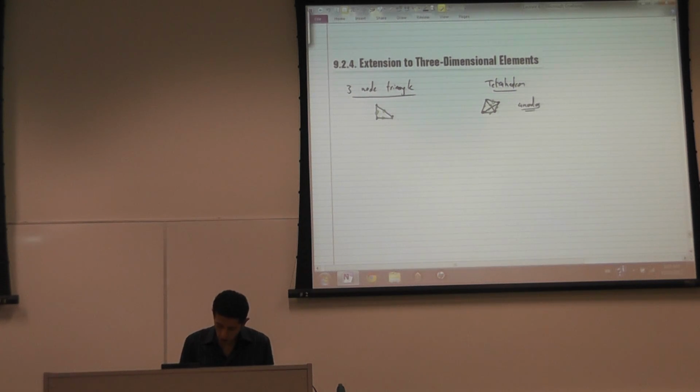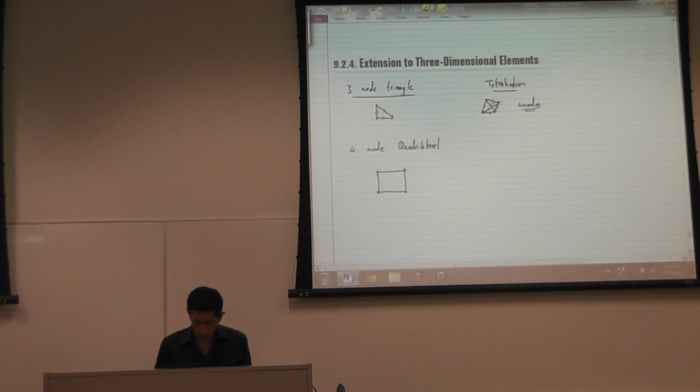The 4-node quadrilateral is extended to the 8-node brick element.